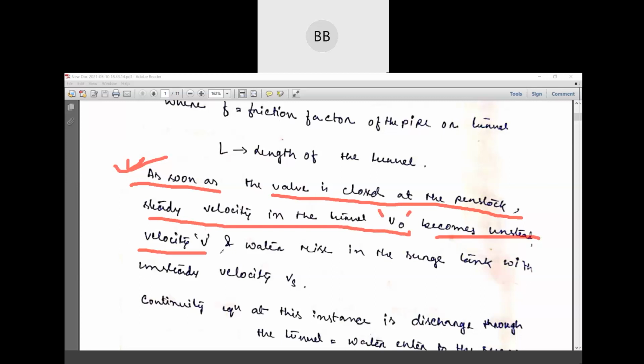We have denoted that by capital V, and water rises in the surge tank with unsteady velocity Vs.